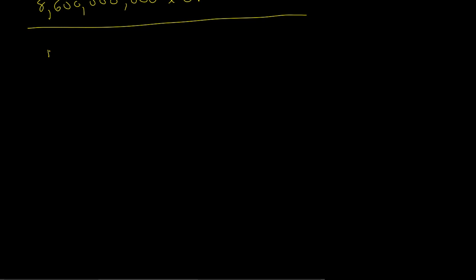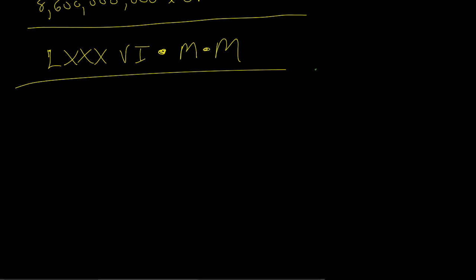They would have done 86, so that's LXXXVI times C is 100, M times M. That's how they would have had to write it, right? 1,000 times 1,000 times 86.